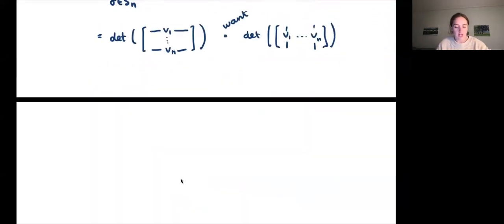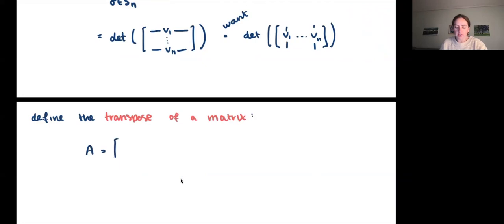So let me just state a fact. Let's define the transpose of a matrix. Let's say I have a matrix A with entries A11 up to A1n, An1 up to Ann.